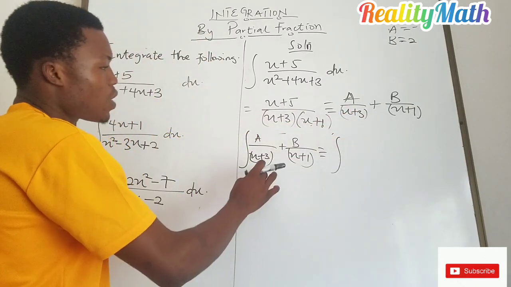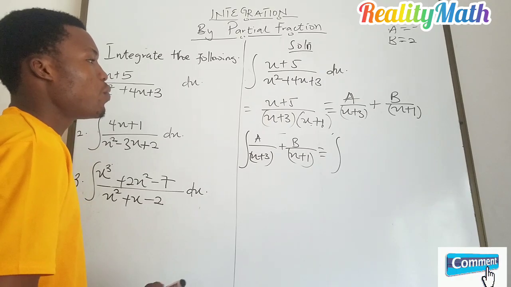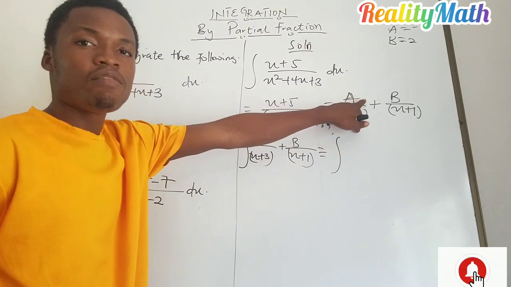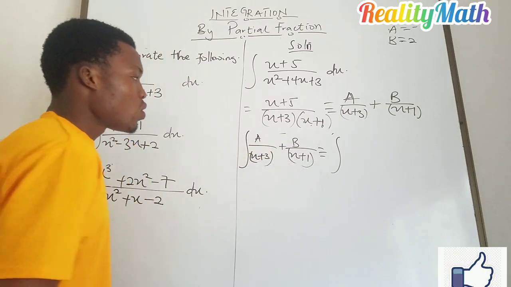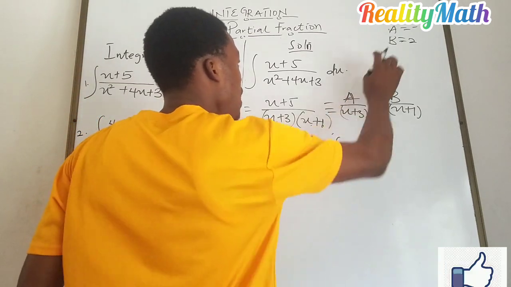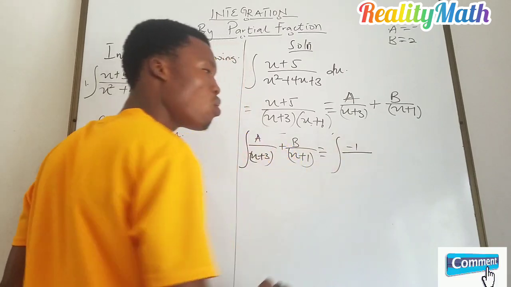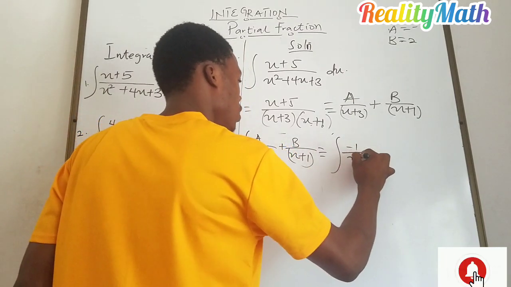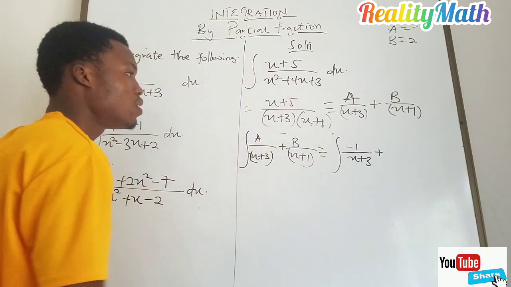Now we know the values for the constants A and B, so let's replace them. A is minus 1. So the integral of minus 1 over x plus 3 plus what?